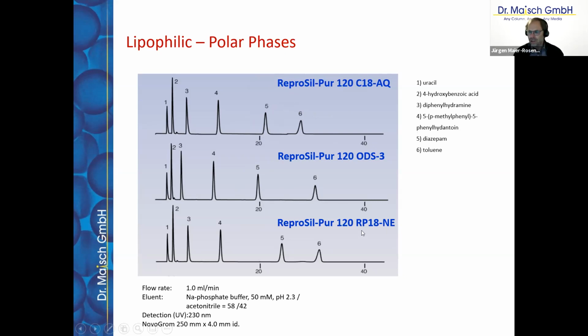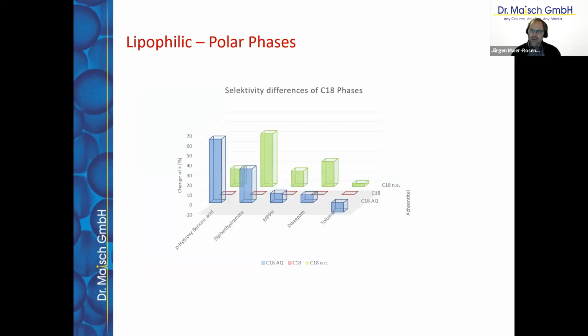So if we make it in a graphical view, we have here in the middle the red squares. That's the standard C18, our ODS3 phase, and that's set to 100%. And in green, that's the not end-capped phase.